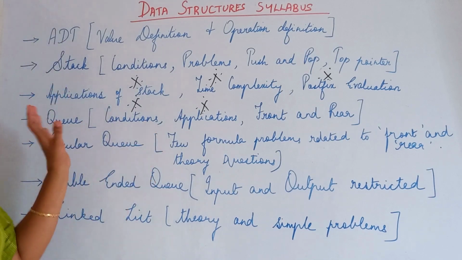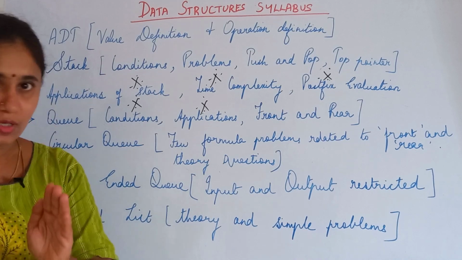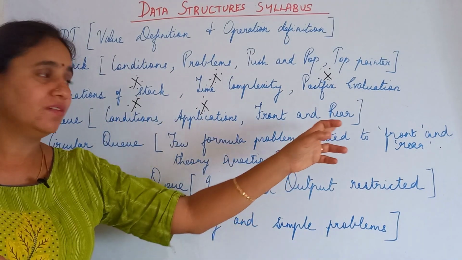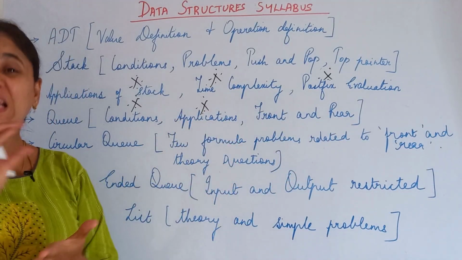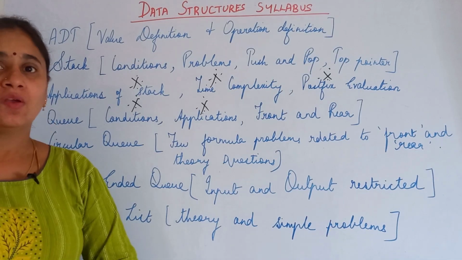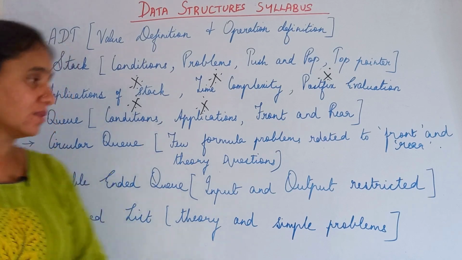In this, we are going to have knowledge of how the conditions of front pointer and rear pointer are implemented, what is its application, and conditions. All those things we are going to study, so that in a smart way we are going to prepare.